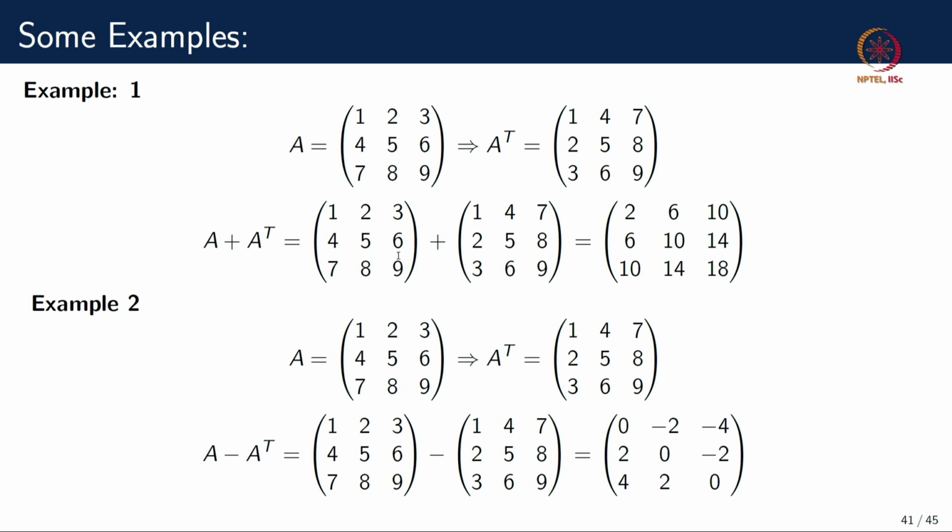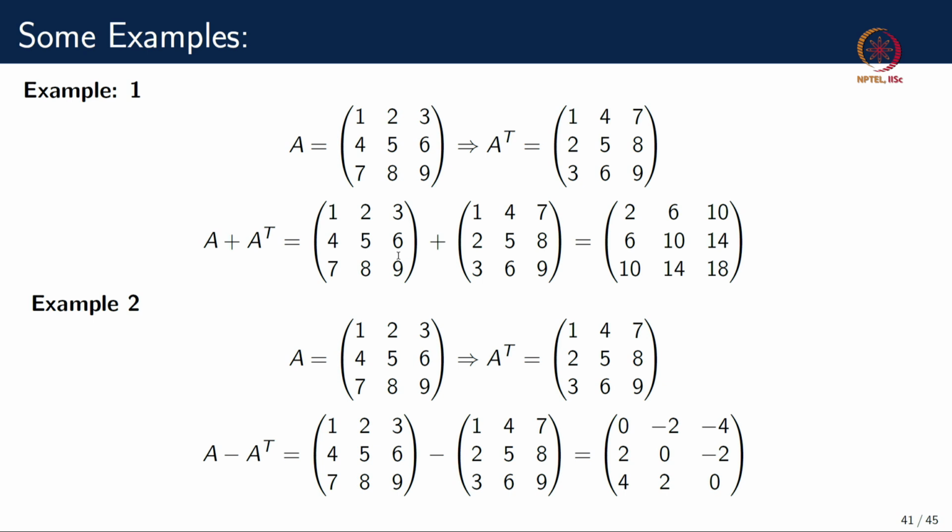So, here what you see, the diagonal elements are 0 and the off diagonal elements reflect each other with a minus sign: 2 and -2, -2 and 2, -4 and 4. So, this is a skew symmetric matrix. If you subtract from A its transpose, you get a skew symmetric matrix.